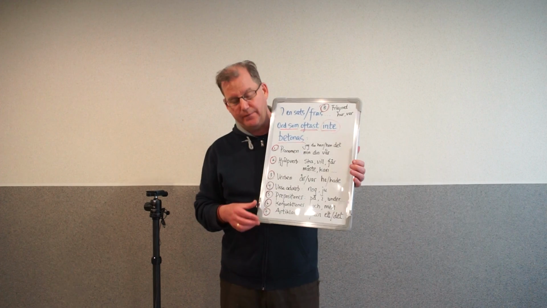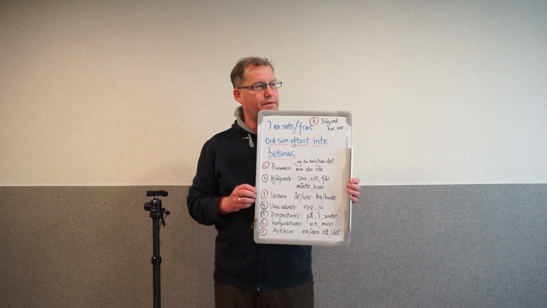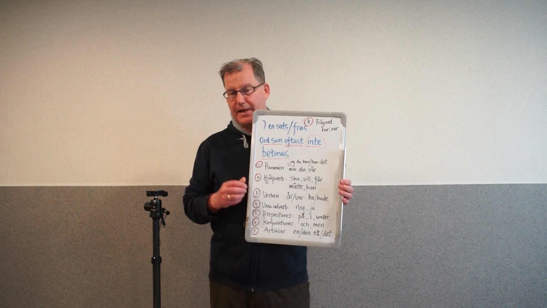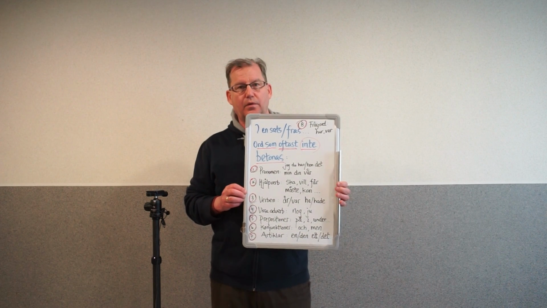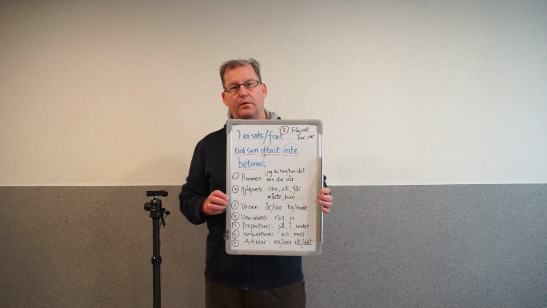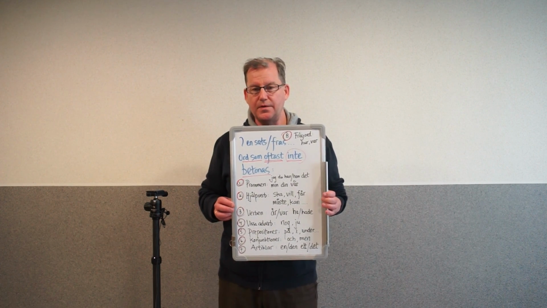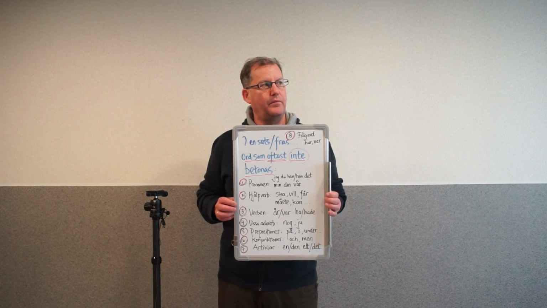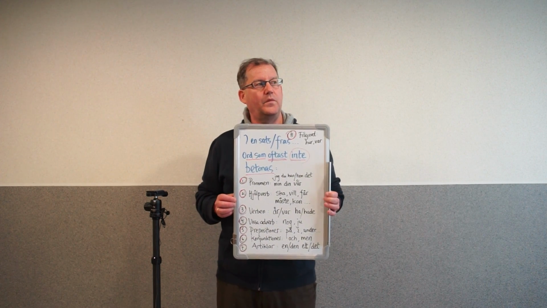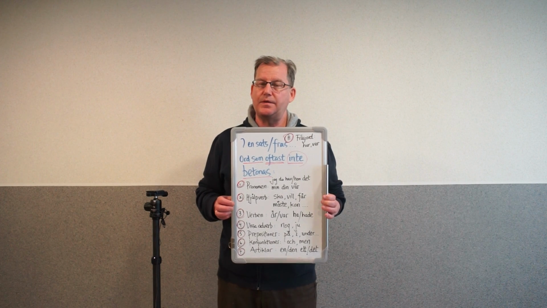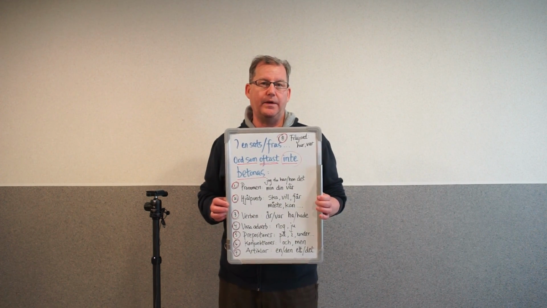Next category. Vissa adverb. Some adverbs, these little words, almost silly words, they have some meaning, but they are not totally important. Nog och ju. So for example, nog means probably, something like that. Let's make up a sentence. Jag har nog inte tid imorgon.